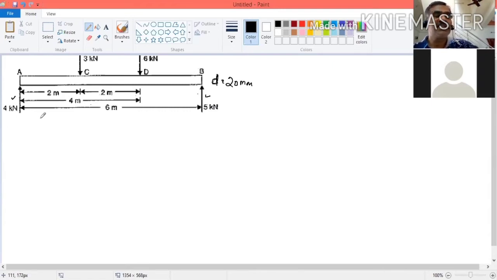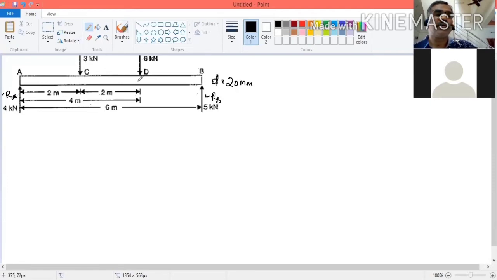How to calculate this? That can be calculated by taking moment about any one of the points, either about point A or point B. Say this is reaction B and this is reaction A, both upward reactions.